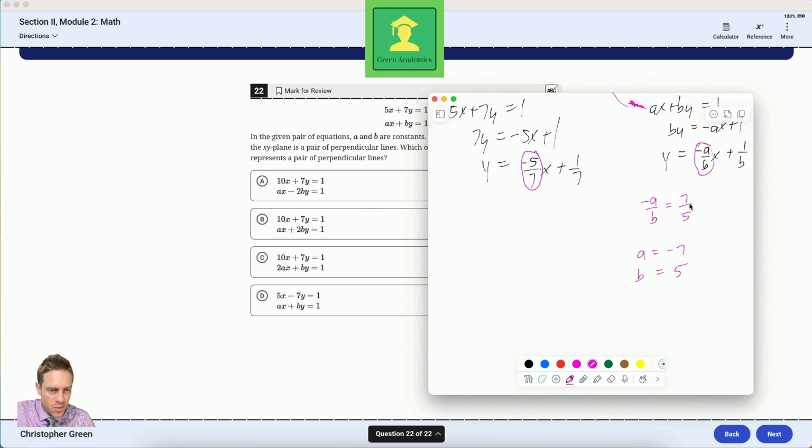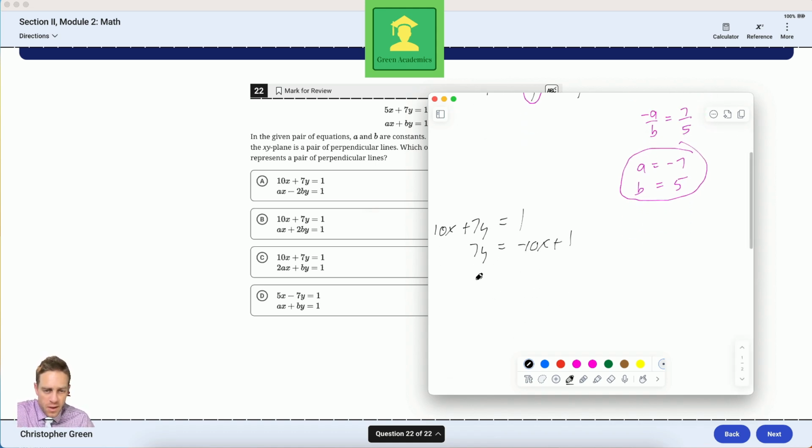I realize I may be doing this the very slow way. From the answer choices, for answer choice A, 10x plus 7y is 1. So 7y is negative 10x plus 1. Y is negative 10/7 x plus 1/7.